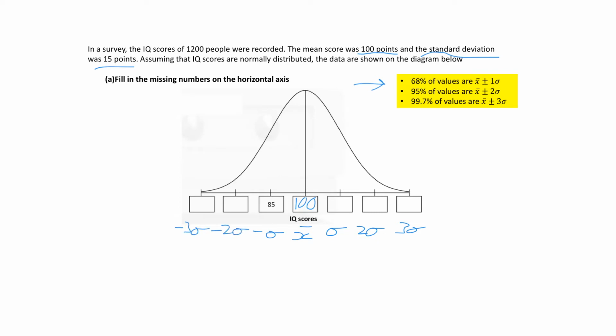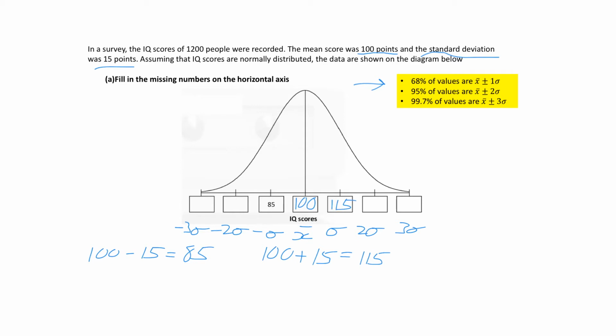So how they got 85, they did 100 subtract 15, which was 85. Then, if I was going to the left, now to go to the right, we're going to do 100 plus a standard deviation, so 100 plus 15, so 115.